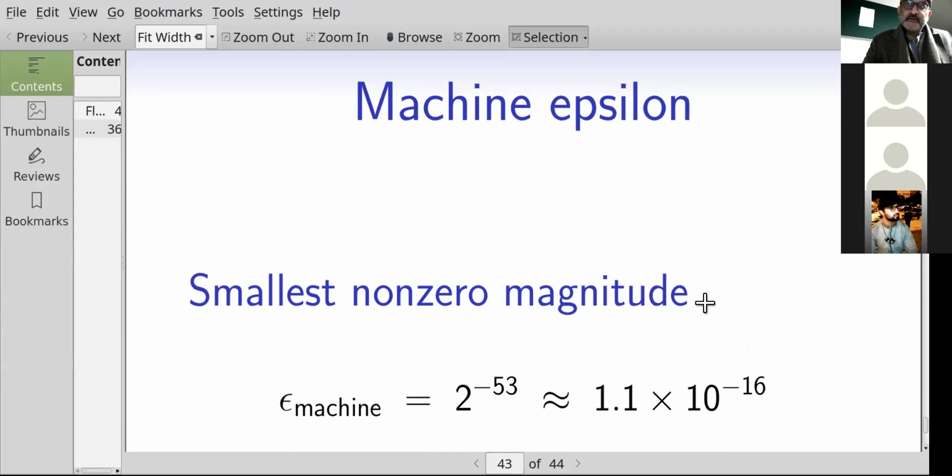If you put all zeros in the exponent part, and then all zeros in the mantissa except for the last, least significant one, the number you get is 2 to the minus 53, which is about 1.1 times 10 to the minus 16 in human terms. So the smallest non-zero magnitude number that you can represent is 2 to the minus 53.